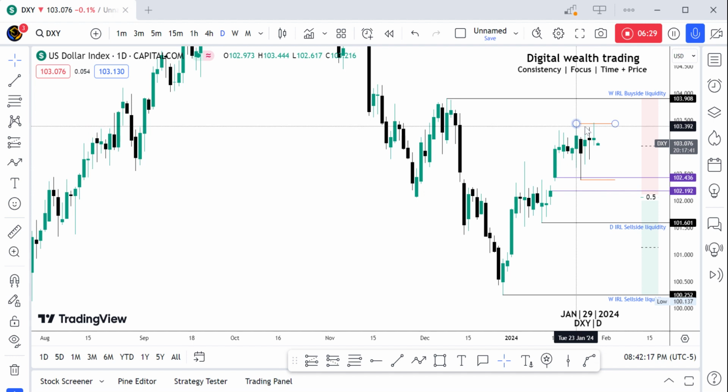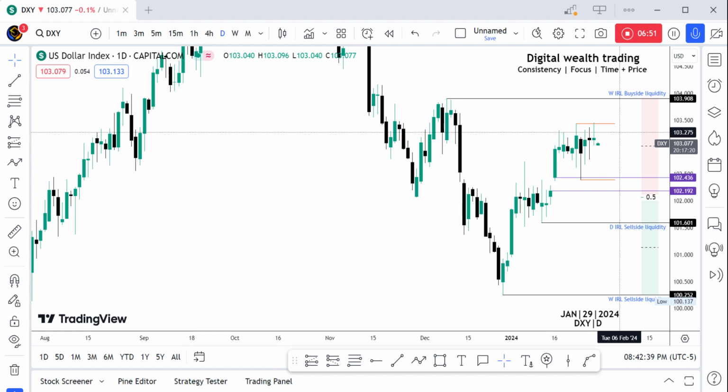We're supposed to close bullishly above this particular high. Seeing how the market closed in today's price action just shows that it can actually be a liquidity run.